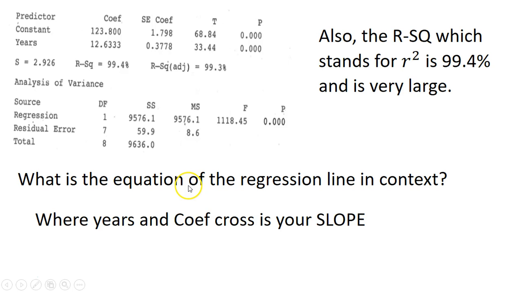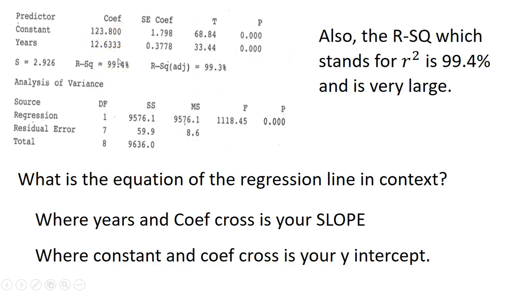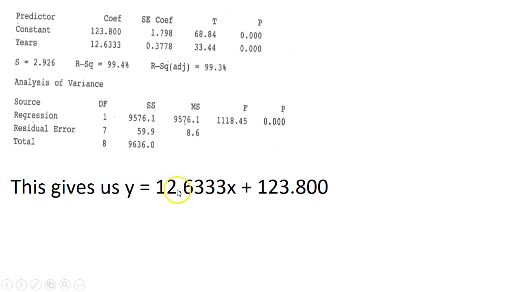And the equation of that line, where years and coefficient cross, is your slope. So that's the slope of that years plus that. Right where constant and coefficient cross is the y-intercept, so this is what we end up getting. That should be a hat there because this is the predicted equation, right?